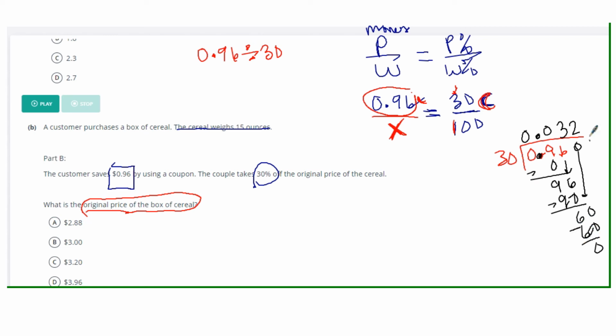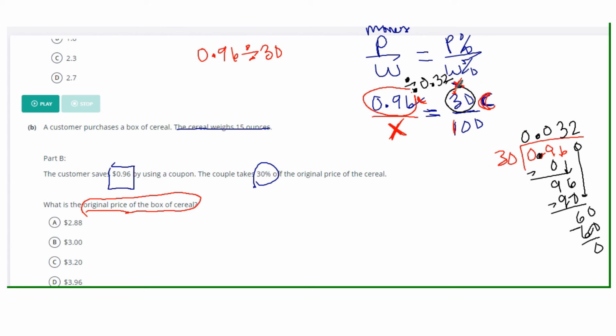Boom. So if I start with 96 hundredths and divide it by 0.032, I'm going to get to 30. But going the other way, since multiplication and division work inversely, we have to multiply.